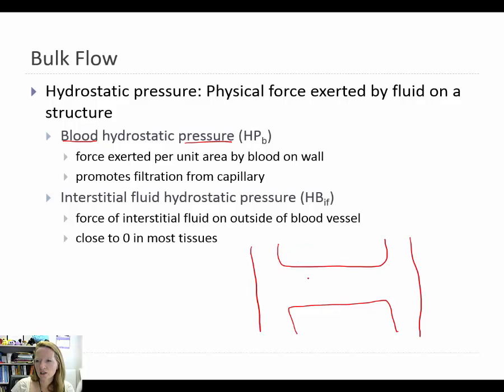But then there's always going to be two pressures here, because not only are we looking at the capillaries and what's happening in the vessels, but remember, we are trying to get the fluid out here, and this is the interstitial space. This is where I have all my little cells. These are cells, right? Let's say that this is the liver or something like that. And here's the cells of the liver.